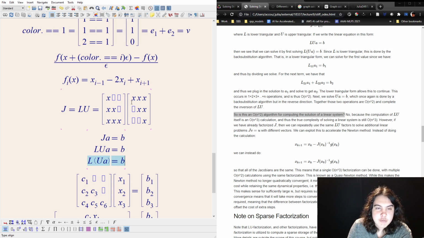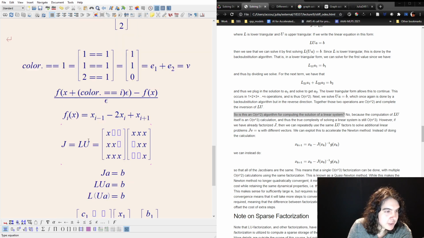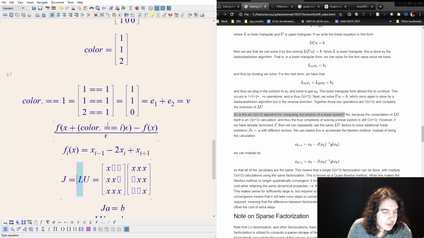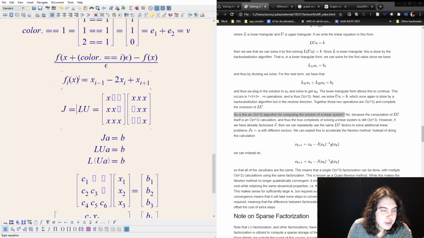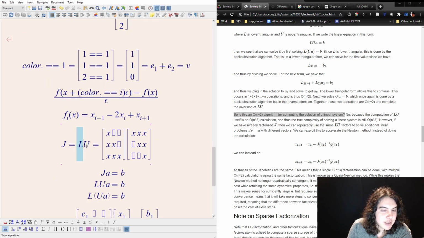But the computation of LU itself is Gaussian elimination, which is an O of n cubed algorithm. So if you have a very, very big Jacobian, this is an expensive calculation to do. So it is a very expensive calculation to build a Jacobian, but it can be an even more expensive calculation to factorize it.